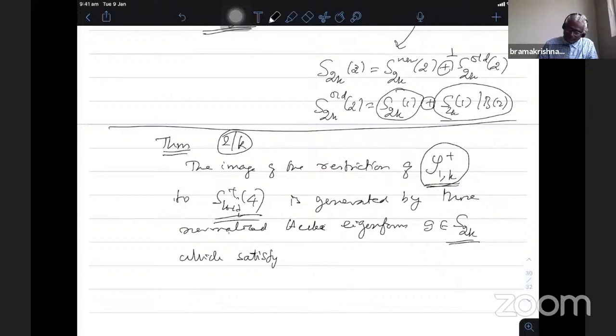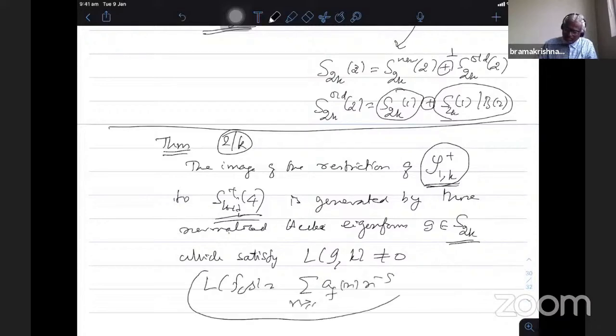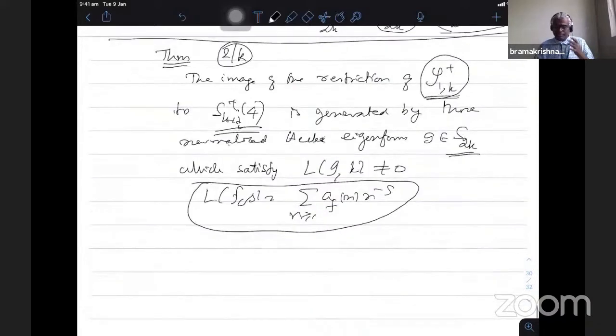So this is the L function associated to G. L of F, s, I remember, is nothing but the summation a_F of n, n power minus s. Note that this is my notation L, here I write L suffix G. Some people write L suffix F, so it doesn't matter, but you should know what the definition is.